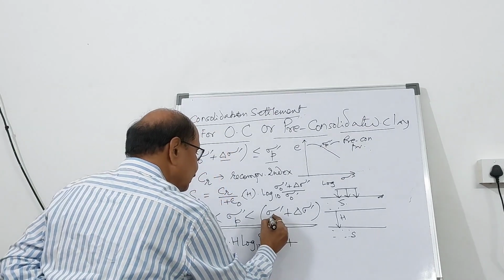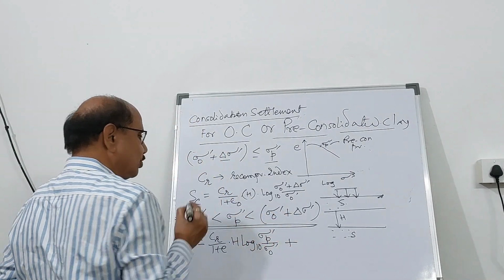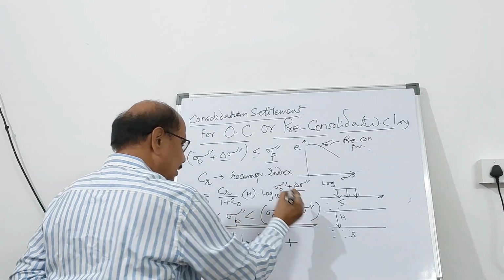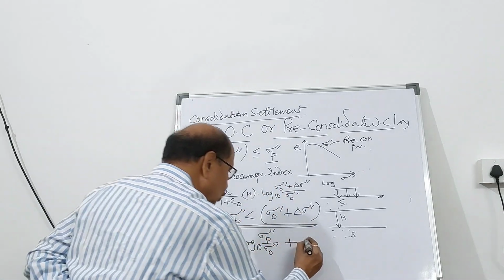Now, this pressure exceeds the pre-consolidation pressure, sigma naught prime plus delta sigma prime. So now you will have to use Cc.